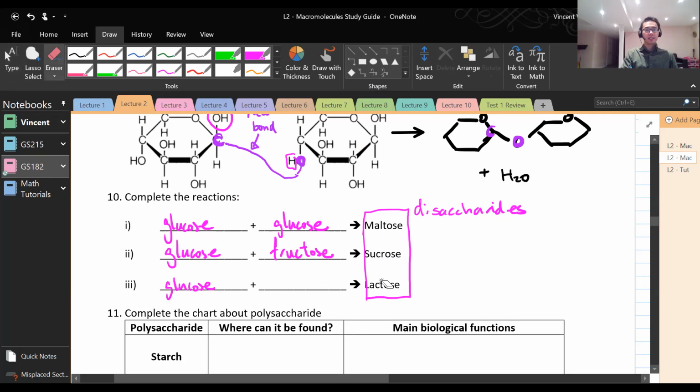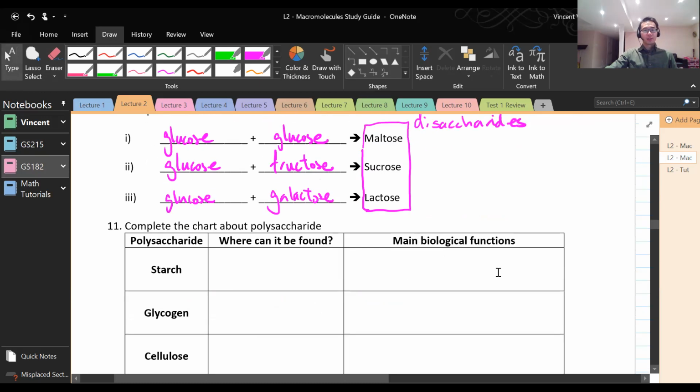And finally, lactose is glucose plus galactose. This is probably quite easy, because they both have the word lactose in it. Again, the ones on the left are the monosaccharides, and the ones on the right are the disaccharides. Okay. Moving on.